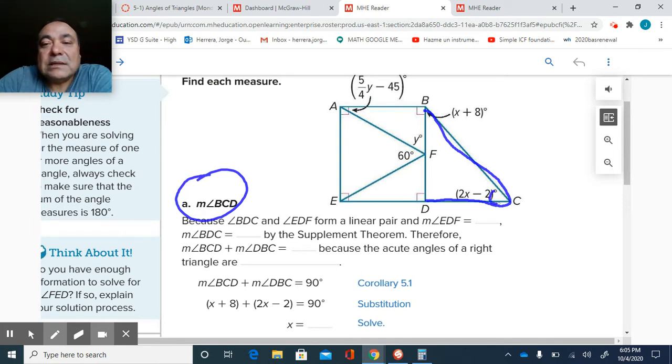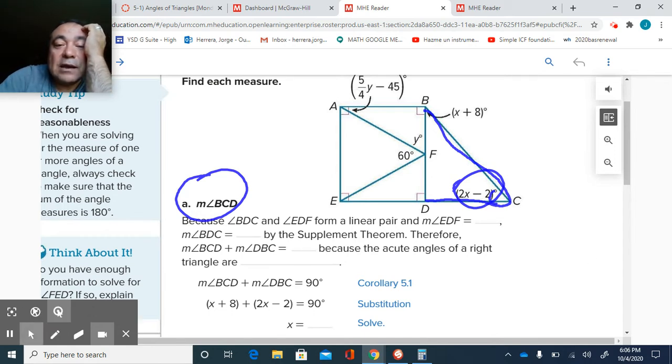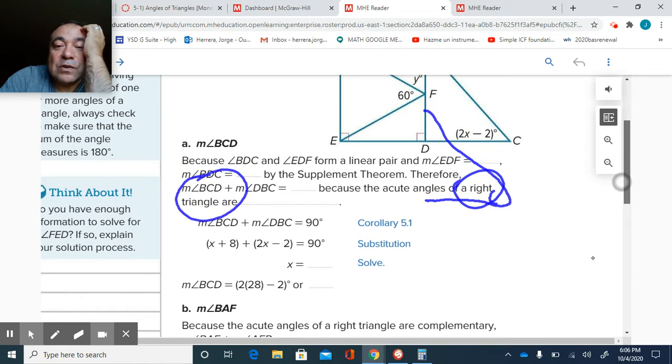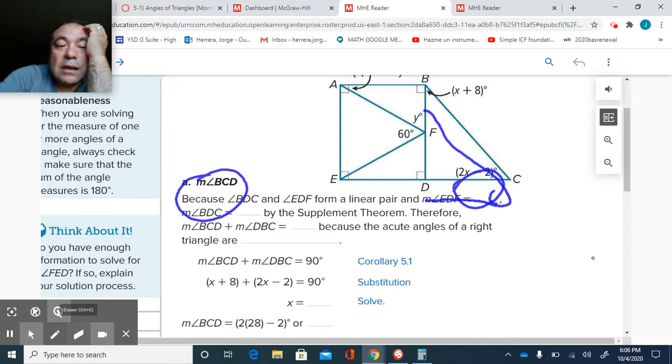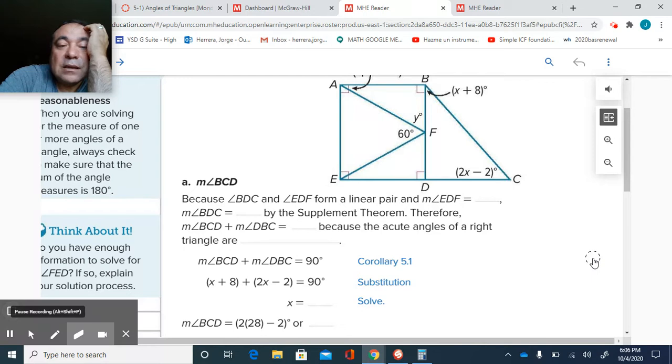Well, we know right there that x plus 8 and 2x minus 2 equals 90 degrees. So therefore, we need to do this algebra right there, guys, to find what x is and then substitute it in there, okay? So bear with me and we'll get this done.